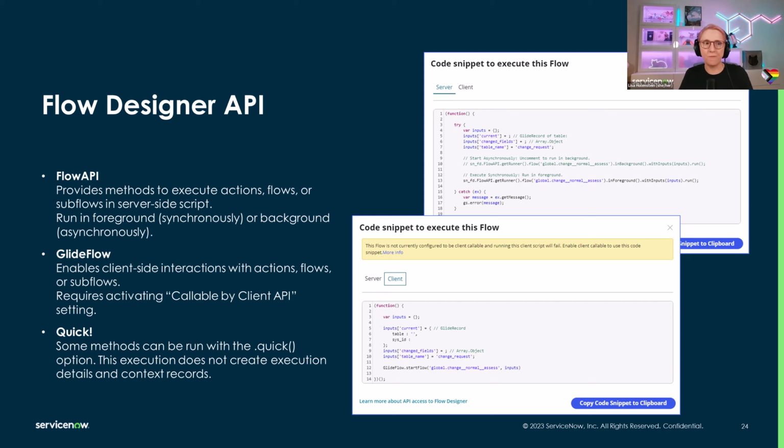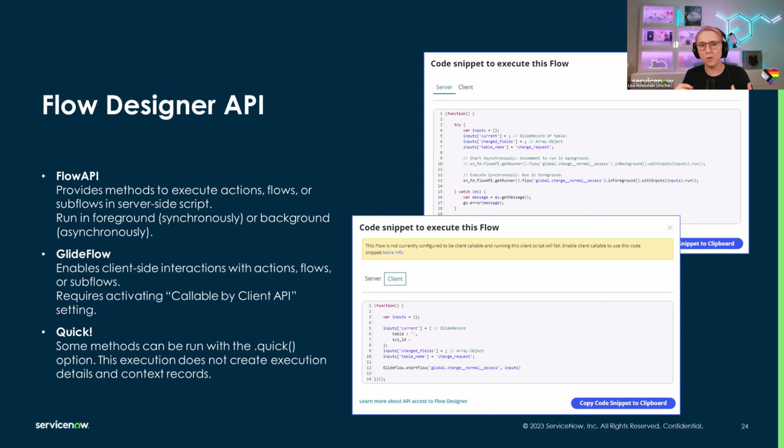And then for some very special use cases where you want to accelerate the flow execution even more, we do have .quick methods to append to the Flow API. And this makes the flow execution faster because it does not create execution details and context records, but it will still be logged.